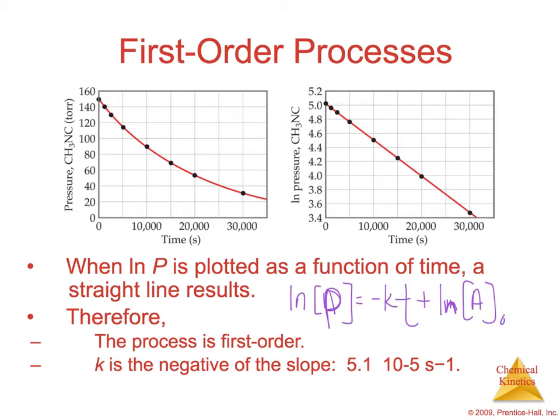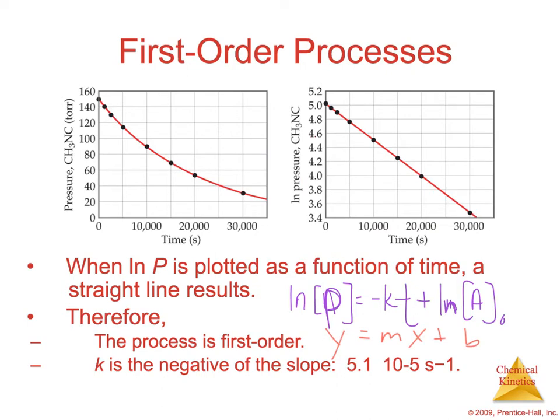It's a straight line that fits this equation of a line. This is y equals mx plus b. Our y is the natural log of pressure, which is standing in for concentration. That is here on the y-axis. Our x is time. That's our x-axis.